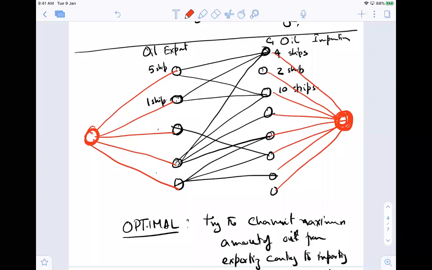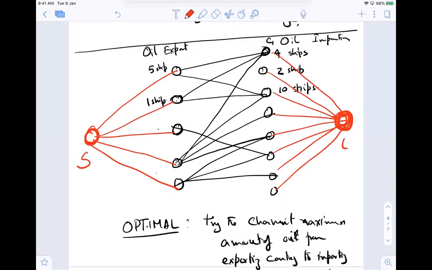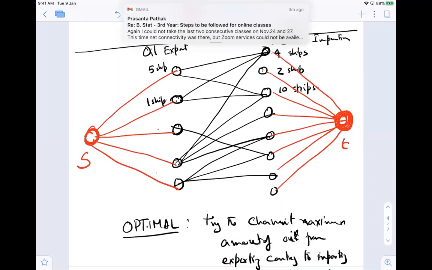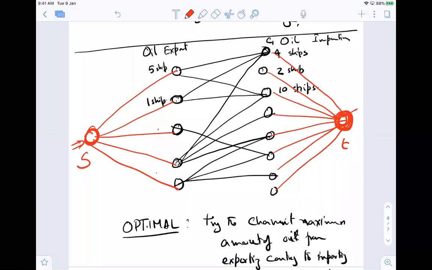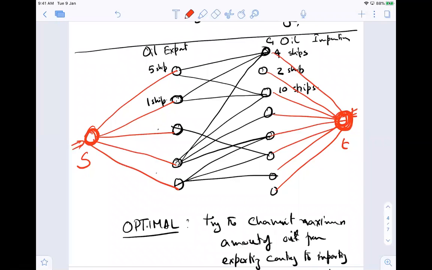But anyway, if I want to just maximize the world's oil flow from export countries to import countries, S and T are artificially put sets from which I'm trying to sell it. It's like S is, say, the earth that can produce enough oil, and it goes through the export companies to the import companies to T.